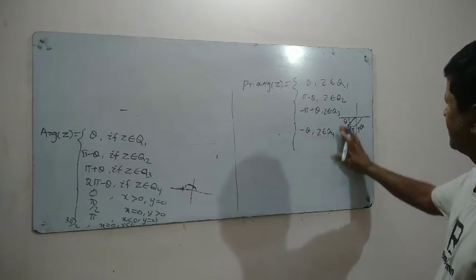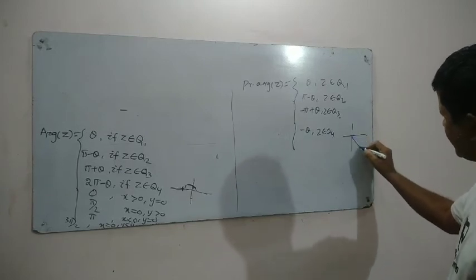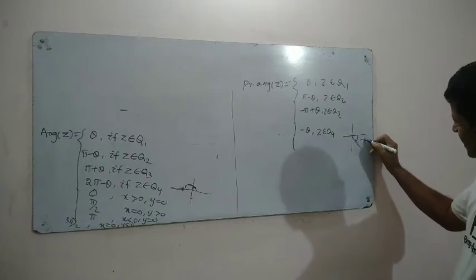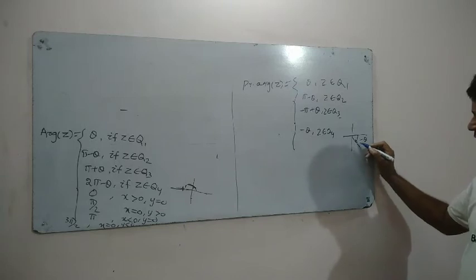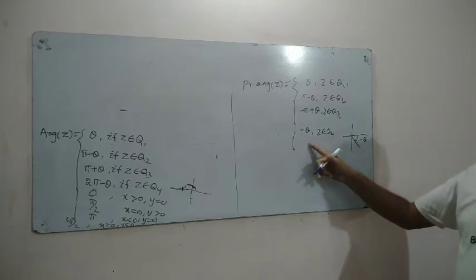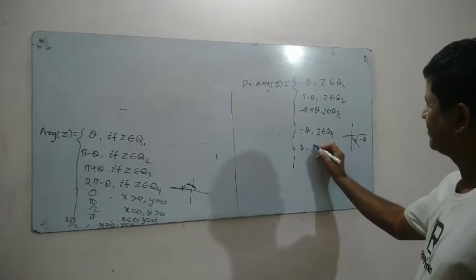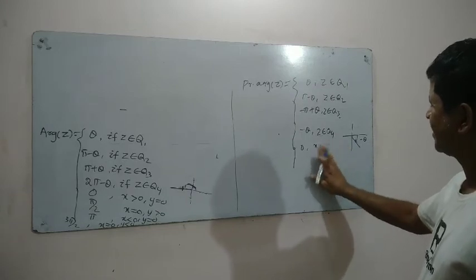If z belongs to Q4, it is the fourth quadrant, and the angle is measured in the clockwise direction, so the angle comes out as minus theta. So in case of the fourth quadrant, the principal argument is minus theta. And it is 0 if x is positive and y equal to 0.